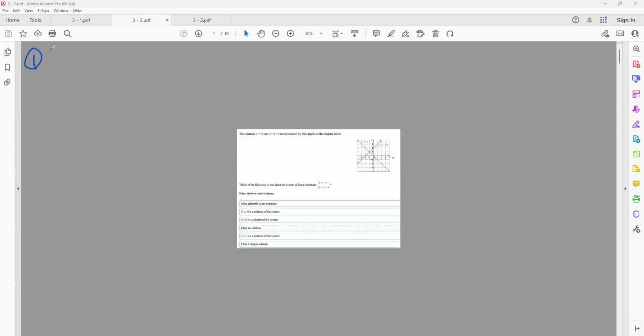First, two lines are coincident. What does this mean?